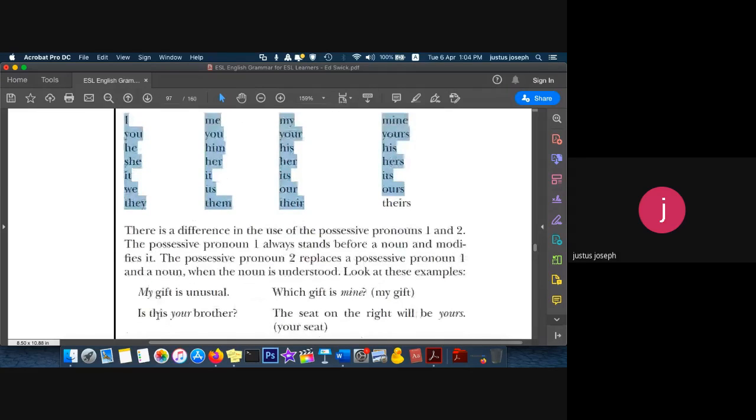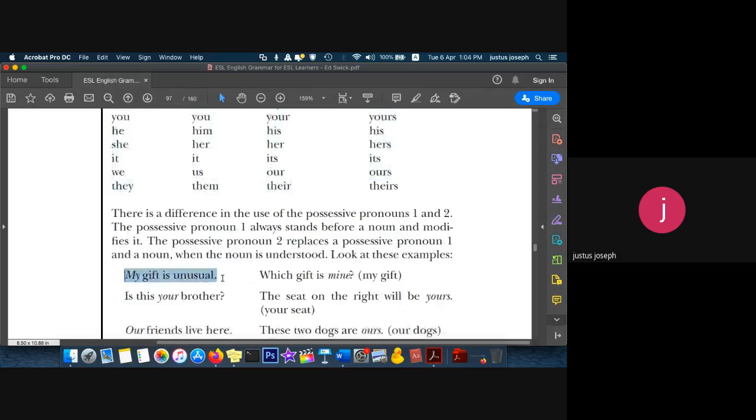Look at the sentence. My gift is unusual. Here you are using my. You're using a possessive pronoun. It's showing that the gift is under your possession, belongs to you. That's why you said my gift is unusual. Another form of possessiveness is this. Here you have used it to write a question. Which gift is mine?